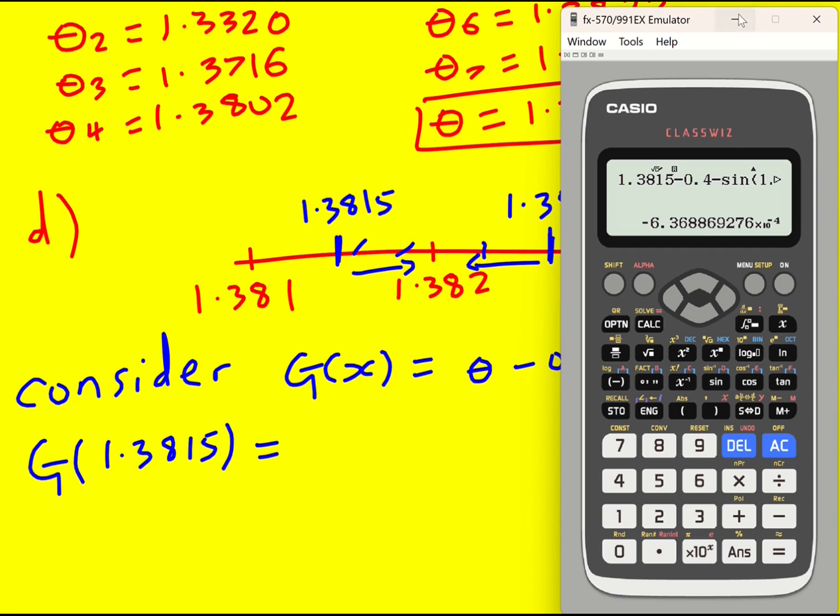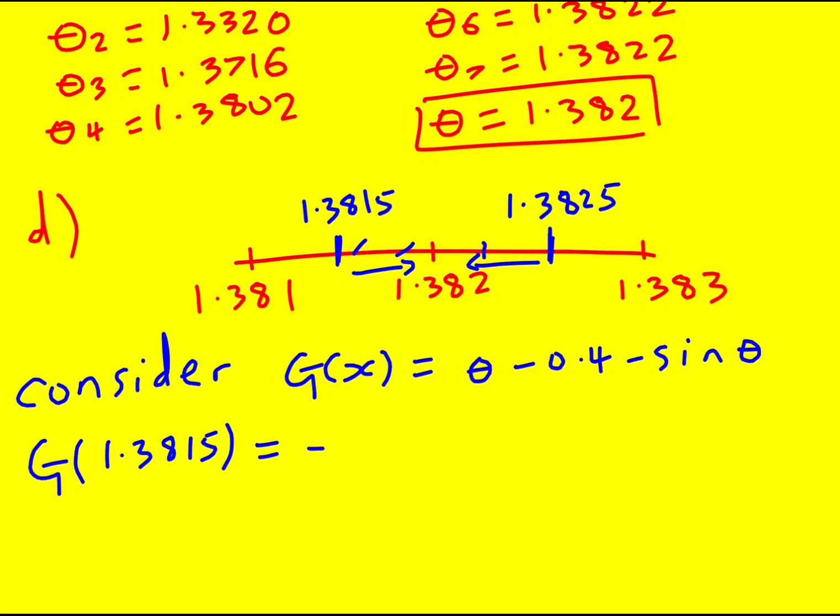Okay, we get a very small negative number, minus 6.36 times 10 to the minus 4. Less than 0. So we know the function at this point is below the axis. This is what I'm getting at. And then 1.3825.